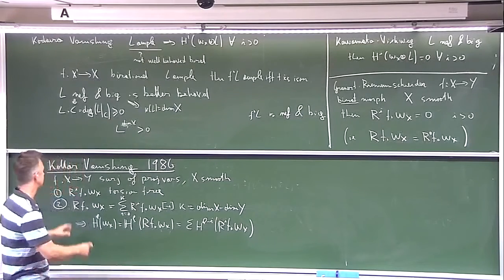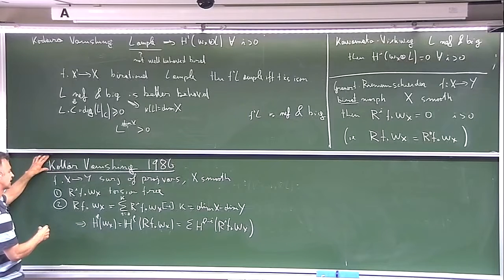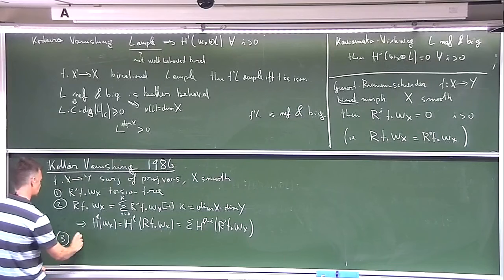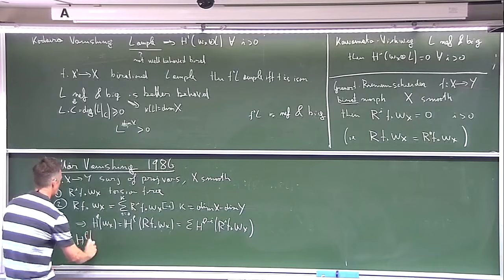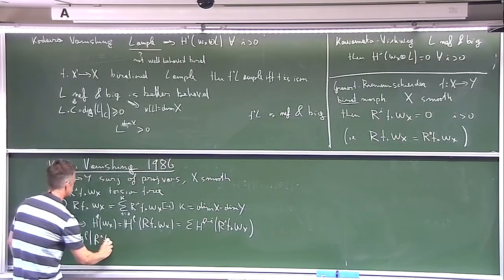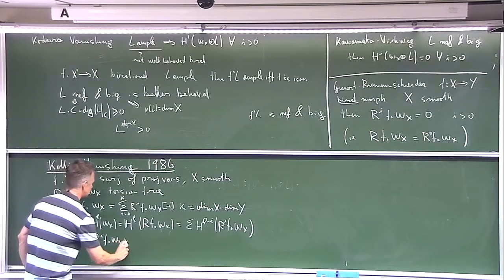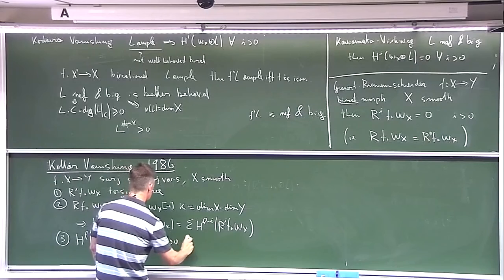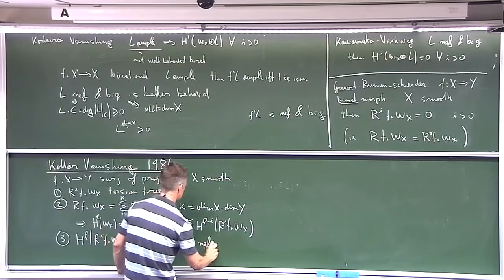Okay, and I advertised it as a vanishing theorem, and there's no vanishing yet, so let's fix that. If I look at higher cohomologies of the pushforward sheaves of omega_X twisted by L, these are always equal to 0 whenever l is greater than 0 and L is nef and big.